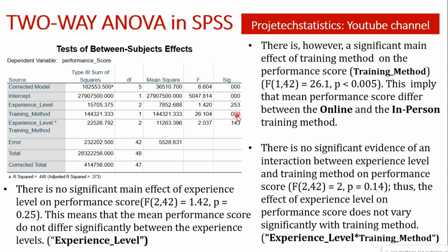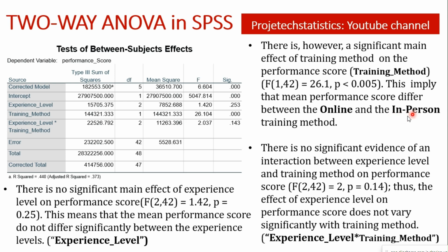This implies that the mean performance score differs between the online and the in-person training method. So there was a significant effect in the training method, as we saw in the descriptive statistics.